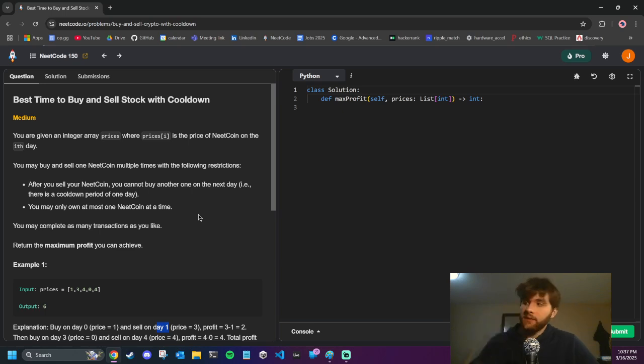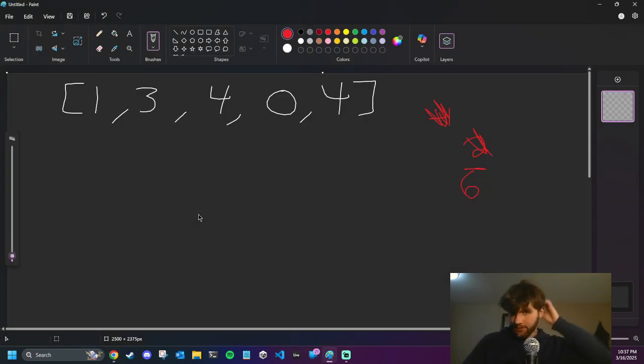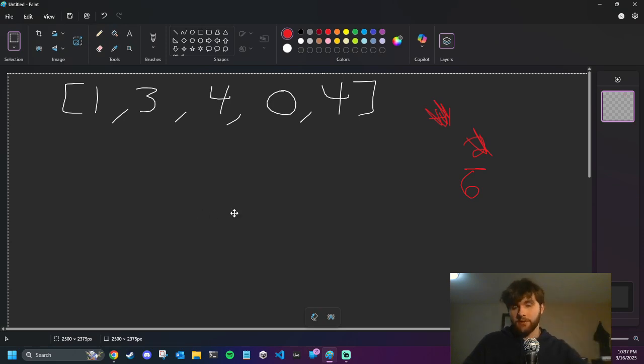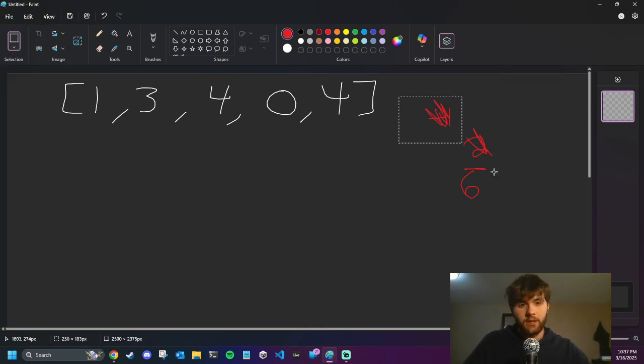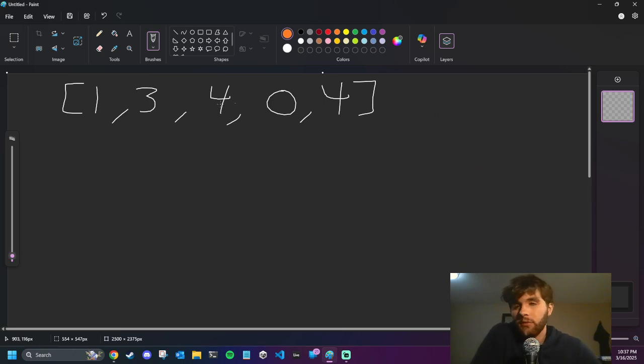All right, so obviously this is under the 2D dynamic programming section. So nothing's really coming to mind right away. I don't even know how you would brute force this, so let me try to think about that. So I guess we'd want to find like the biggest gaps.